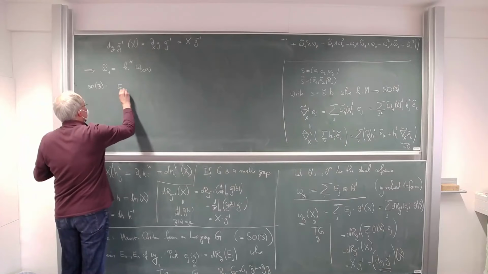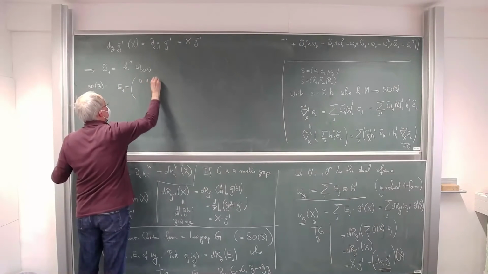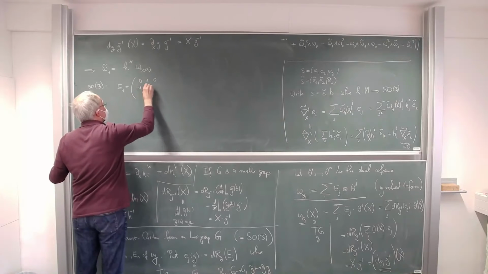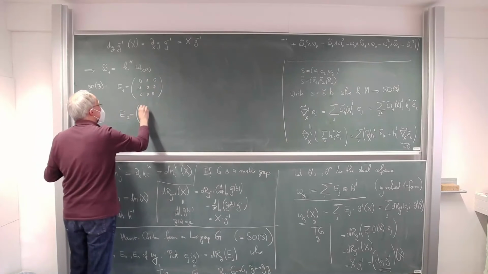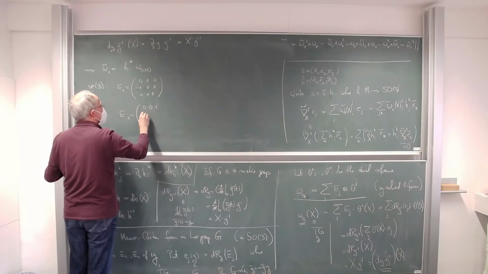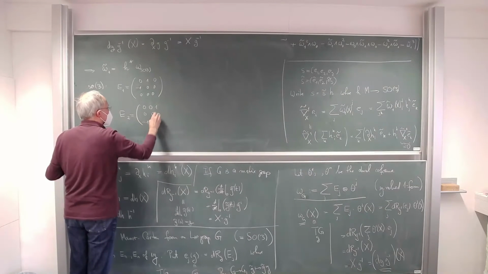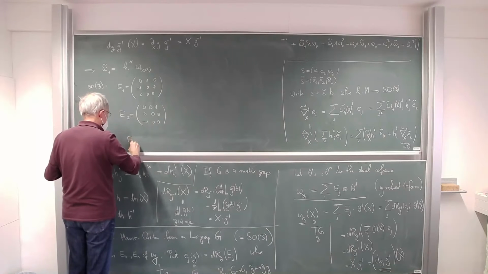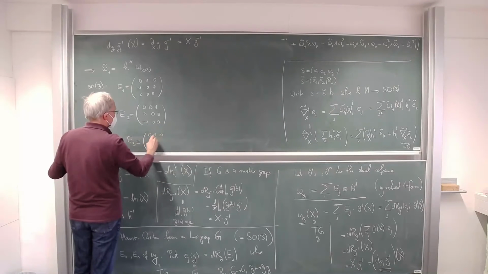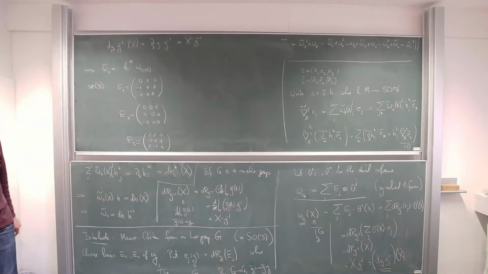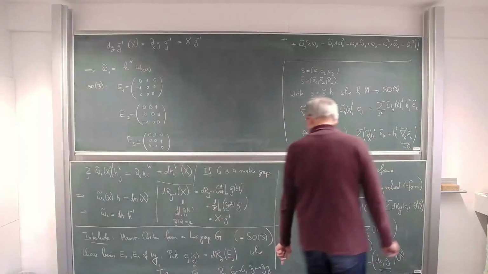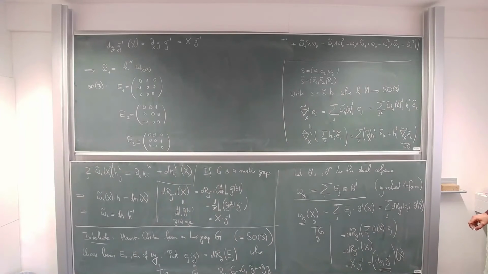So let's just take E1 to be 0, 1, 0, -1, 0, 0, 0, 0, 0. E2 is 0, 0, 1, 0, 0, 0, -1, 0, 0. And E3 I have to take 0, 0, 0, 0, 0, 1, 0, -1, 0. So that's the basis I'm using for the algebra of SO3.